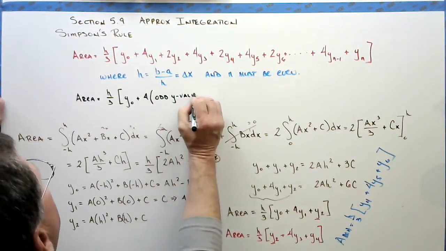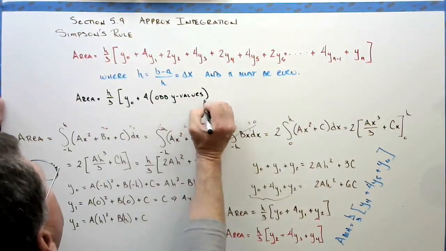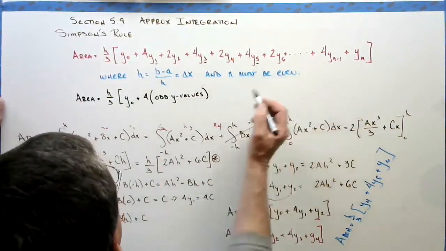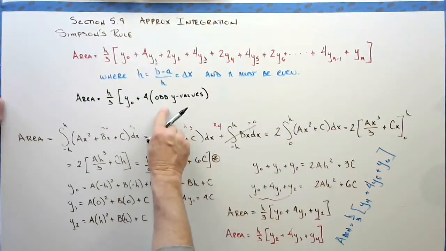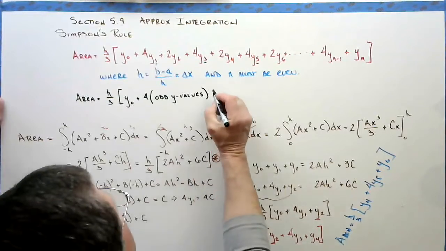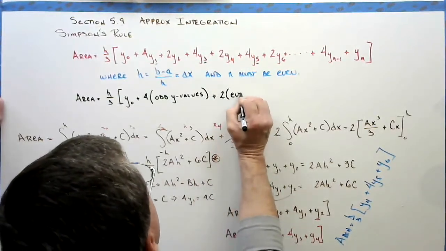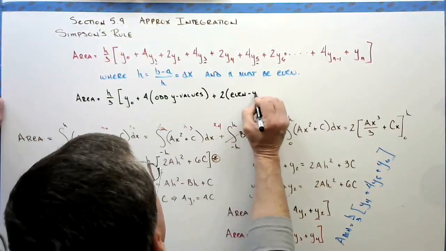And when I say odd y values, I mean the odd subscripts. So this would be your y sub 1, your y sub 3, your y sub 5s. And then you get plus 2 times your even y values here.